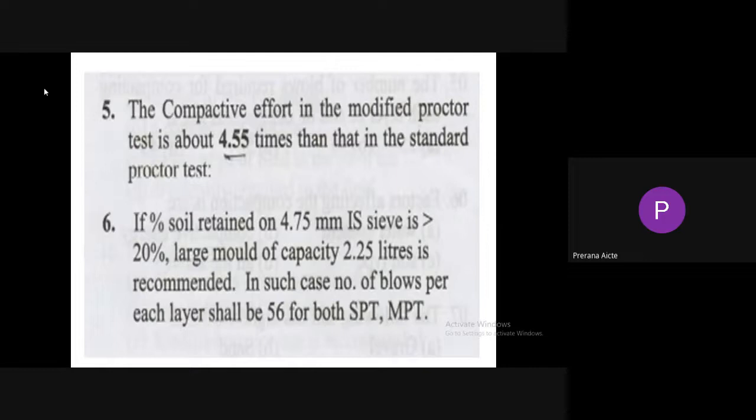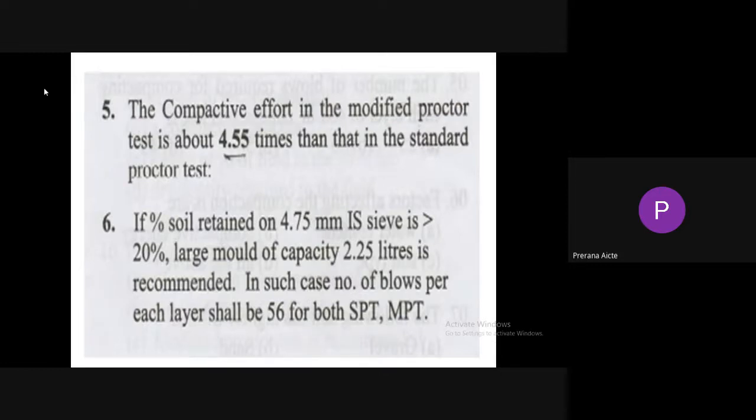If the percentage of soil retained on the 4.75 mm IS sieve is greater than 20%, a large mold of capacity 2.25 liters is recommended. In such a case, the number of blows per layer shall be 56 for both the standard Proctor test and modified Proctor test.